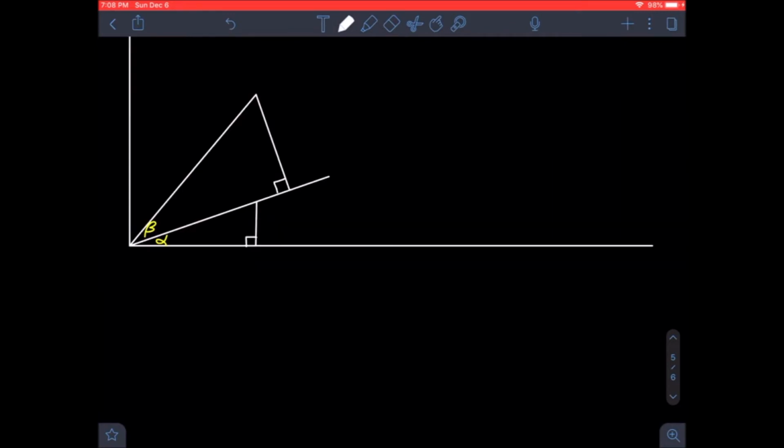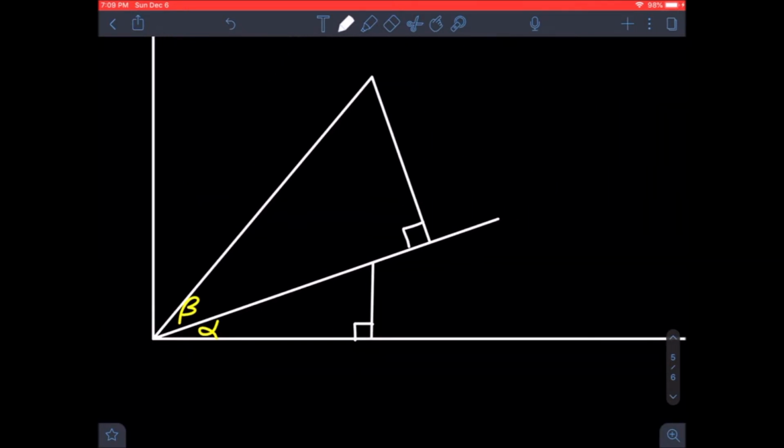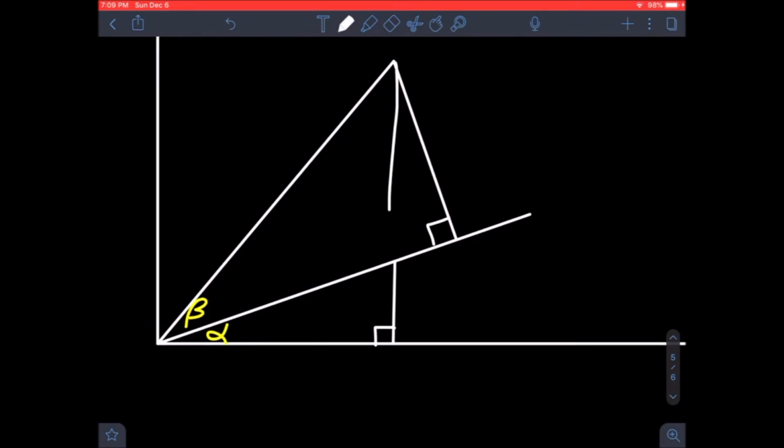The next thing we're going to want to do is make a right triangle that uses alpha plus beta. To do that, all I have to do is extend this line downward so that it reaches there. As you can see, this right triangle uses alpha plus beta.